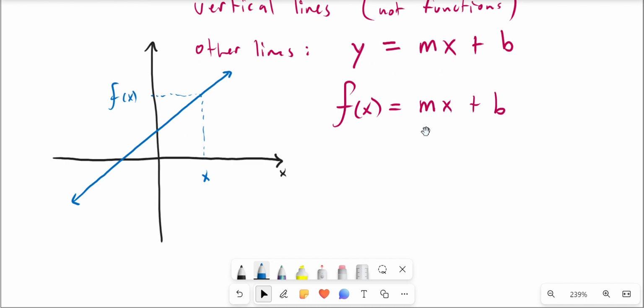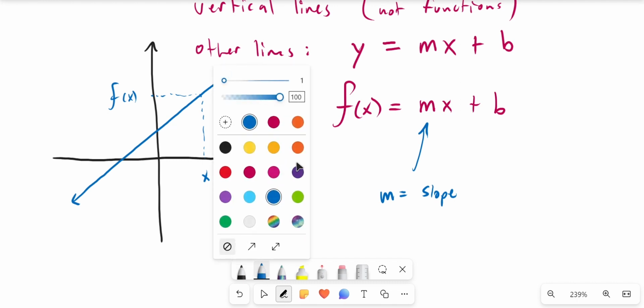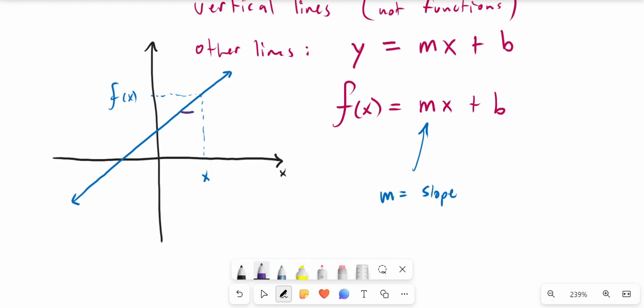We have the usual meaning for each of these. This is the slope. It's the constant amount where if I go over on my line, let's say I go over by 1 unit, I'm going to go up by m units. And if m is negative, I'm going to go down by that many units. So we often think of this as being the rise over the run.